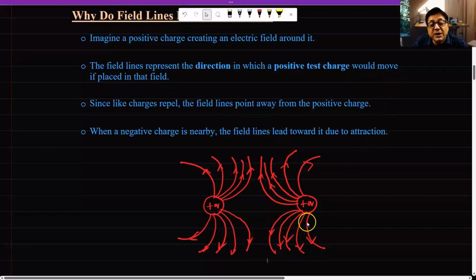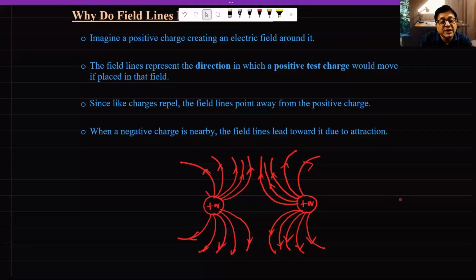So with two positive charges kept side by side, the direction of lines of forces will be almost like this. Many can be there this way also. A positive charge can send field lines or lines of forces in this manner always.